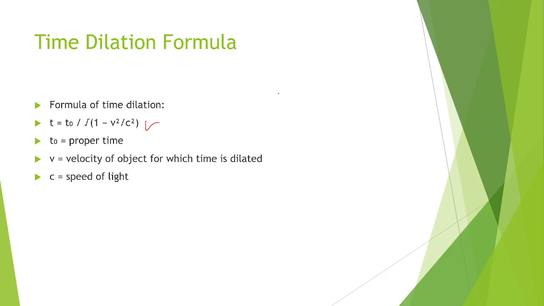So let me write it again. t naught is the proper time, recorded by the object, and t is equal to t naught over the square root of 1 minus v squared over c squared.